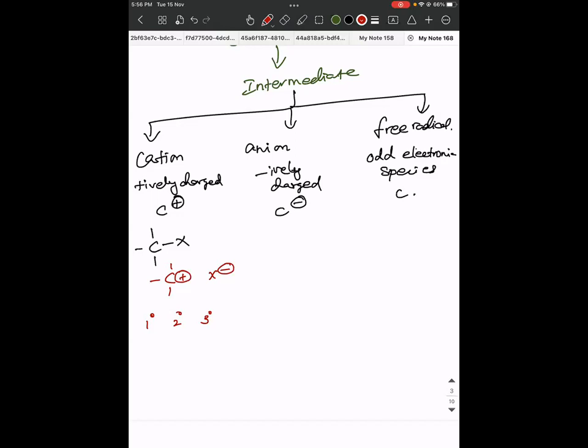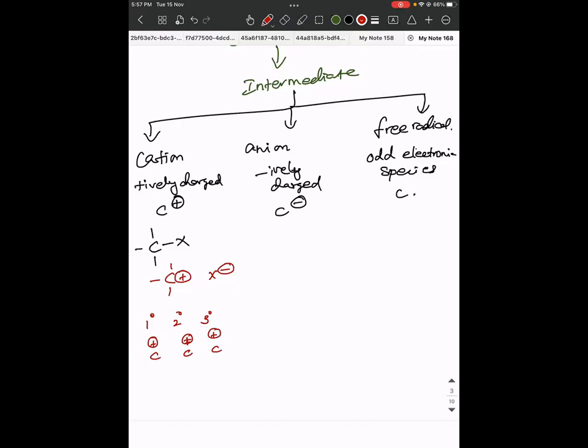That means CH3 CH2 plus. So the CH2 plus is a primary carbocation, and then C plus, and then C plus.